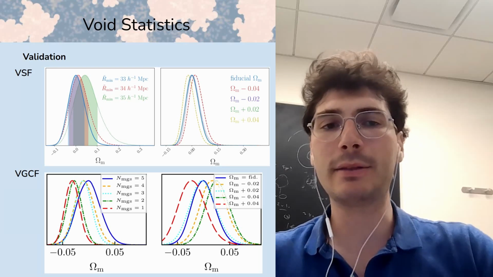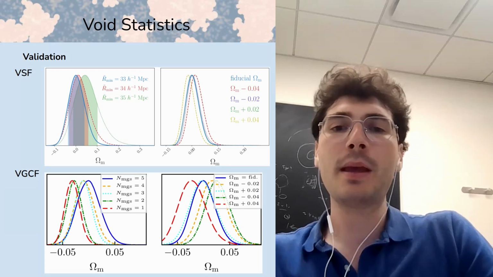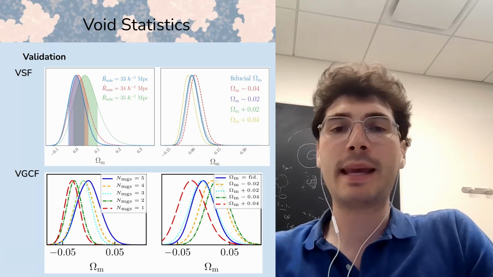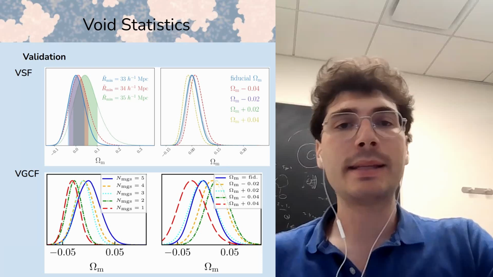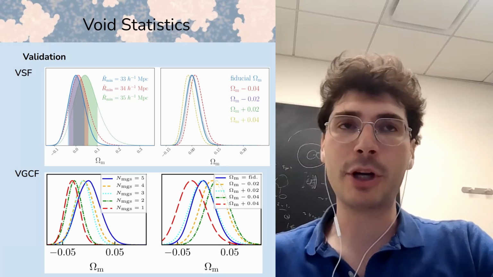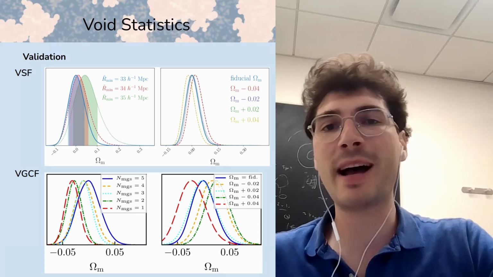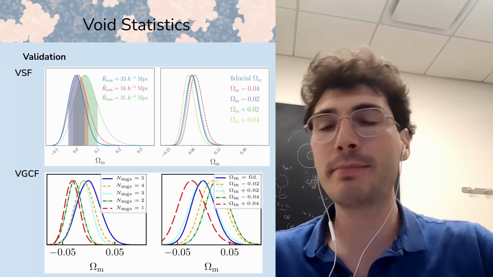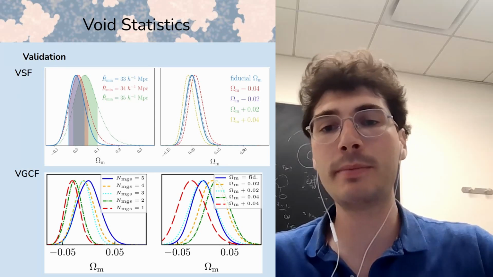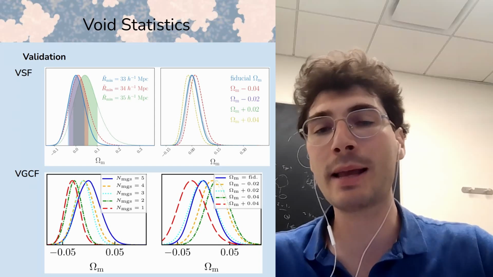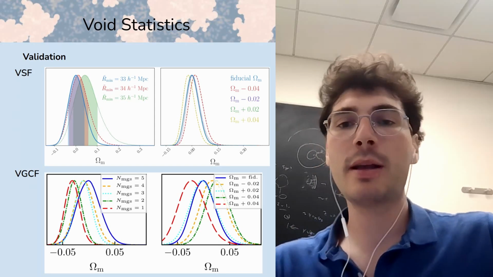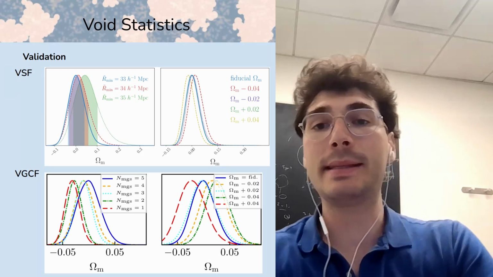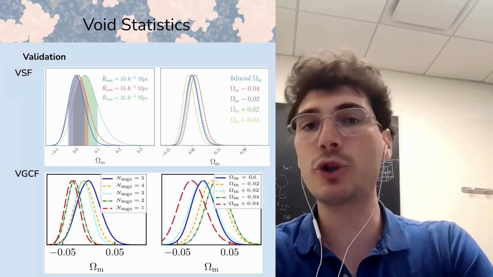So we have to cut all the spurious voids, and for that we cut all voids smaller than a given scale, and we measure these scales as a multiple of the mean galaxy separation. In particular, we choose 5 times the mean galaxy separation as a conservative choice, but we verified that for all minimum radii larger than 3 times the mean galaxy separation, our posterior distribution converges to a similar distribution.